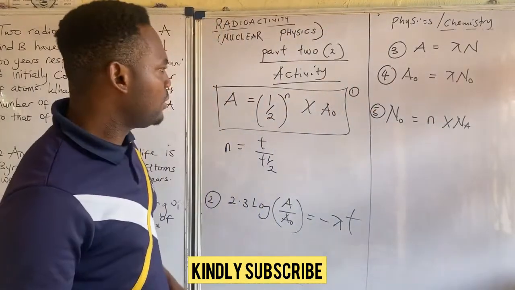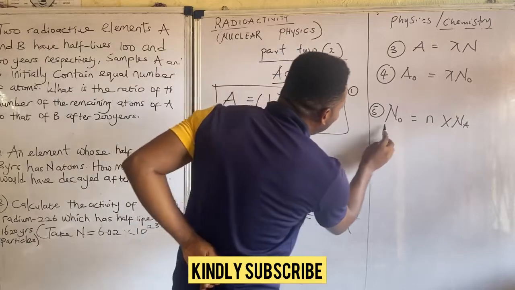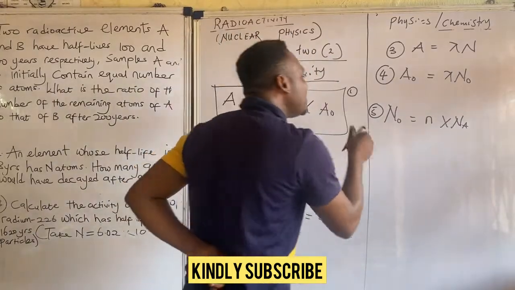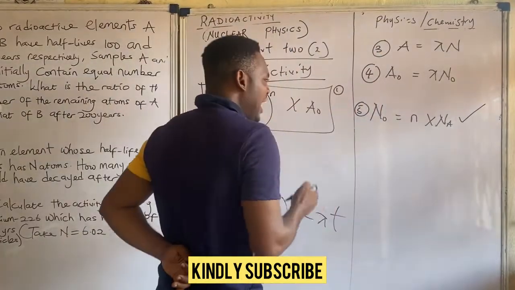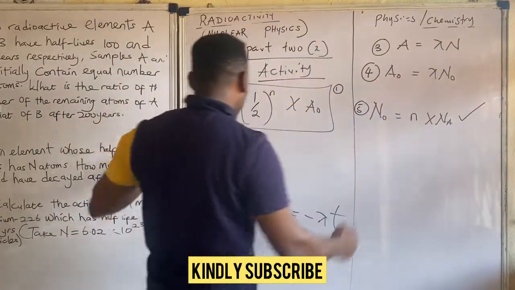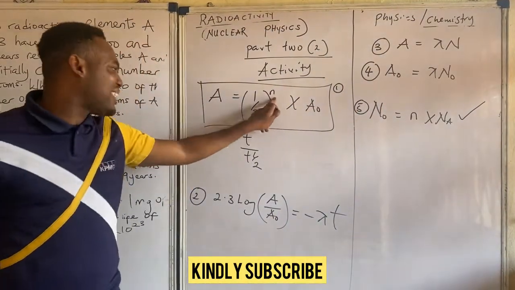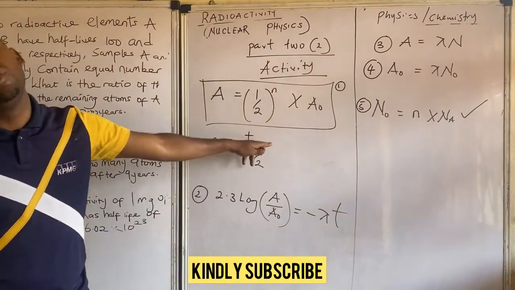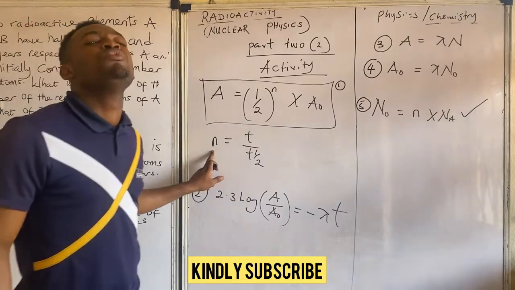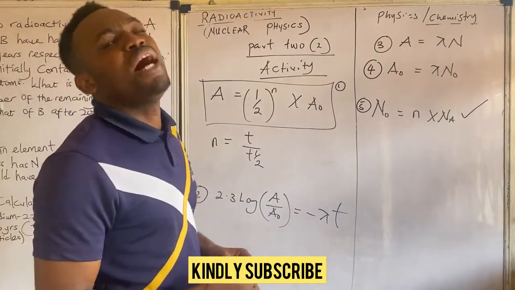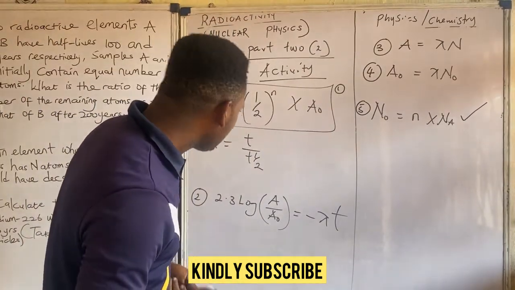Very important. We already said that N naught is the original number, but please take note that in formula 5, this N is no longer this N that we described here, which has formula of T over T half. Remember in this case now, this N is what now? Number of half-lives.